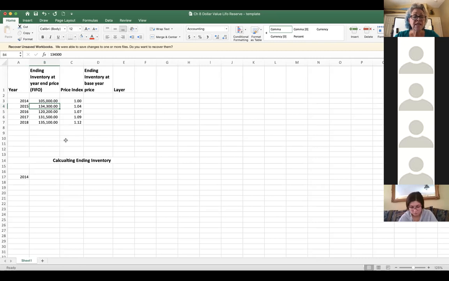In other words, I need to know what is ending inventory at my base year price, removing the price change, so then I can determine, did I add quantity or did I liquidate quantity? And the way that we remove the price effect is deflate, divide.